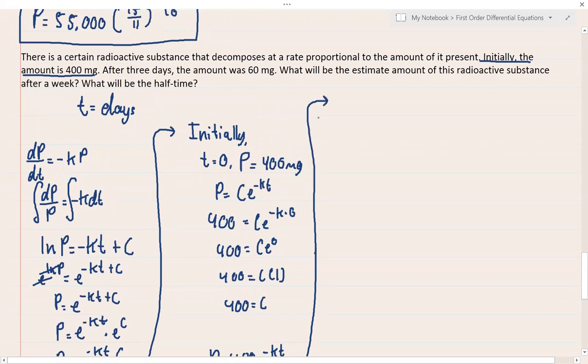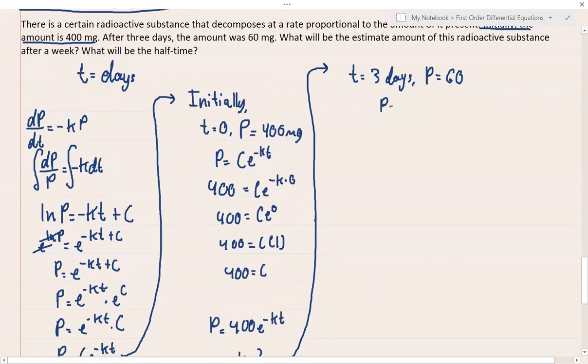Dito sa k, pwede ko gamitin tong given: 3 days, tapos amount ay 60 milligrams. So, yung time mo rito ay 3 days, and then yung amount, which is yung P, ay 60 milligrams. So, sa formula natin, P is equal to 400 e raised to negative kt.